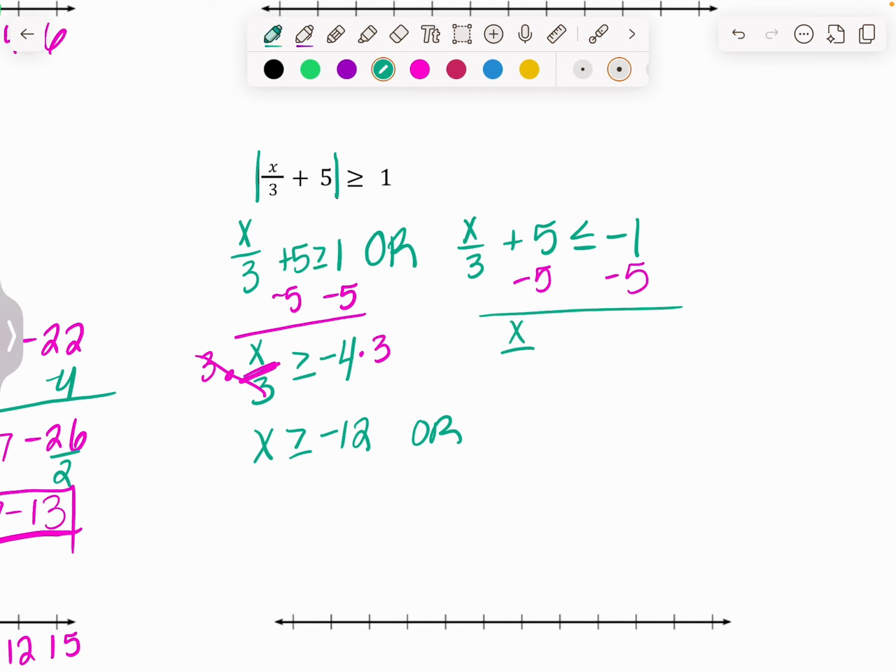X over 3 is less than or equal to 2 negatives, means adding. -6 is a total, -1 minus 6. And then to get rid of the fraction or the division, we are going to multiply times by 3. X is less than or equal to -18.